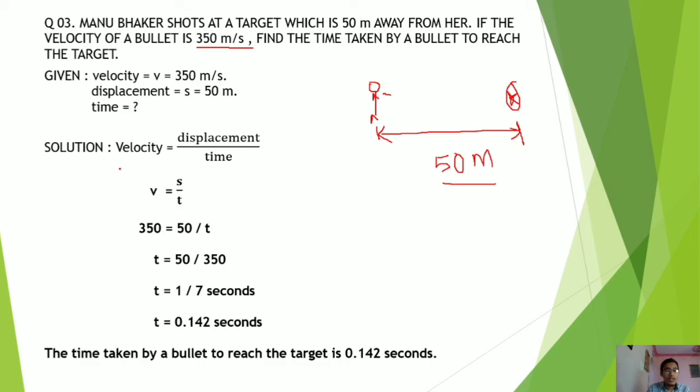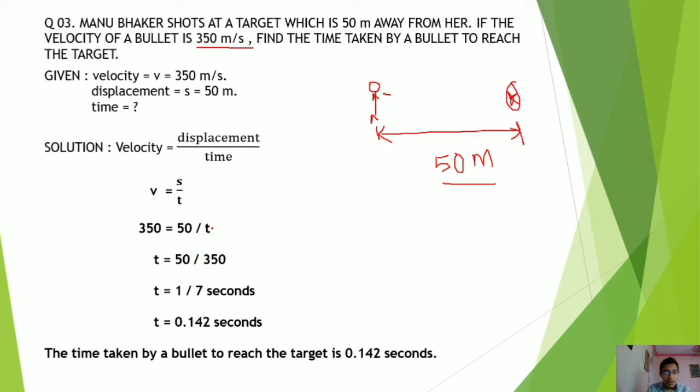First we will note down the formula, that is velocity equal to displacement upon time. So v is equal to s upon t. Now velocity is 350, which has been provided, equal to displacement, 50, upon t. Similarly to the last example, we will do the same conversion.